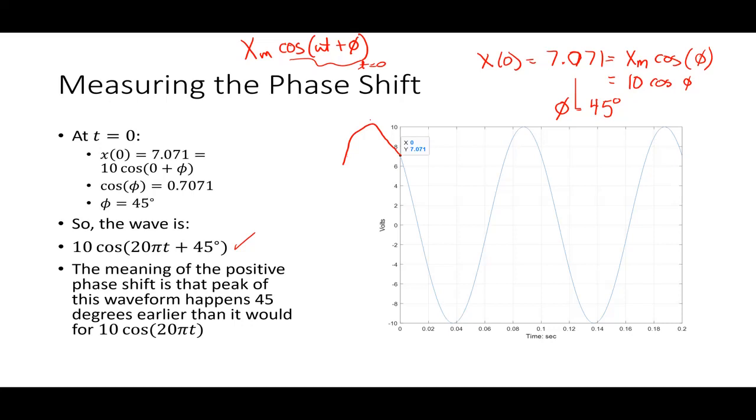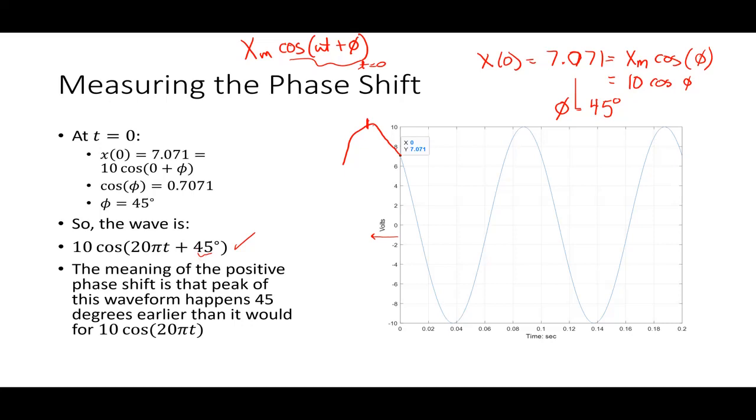But that means that the peak value, which occurs somewhere over here, that peak value happened before t equal to 0. So because it happened before, what I had to do is I had to pull cosine effectively to the left. So if the peak happens before t equal to 0, all right, then it's a plus phase shift.